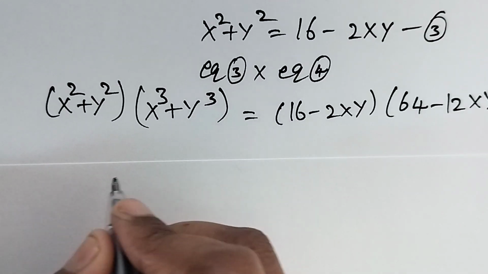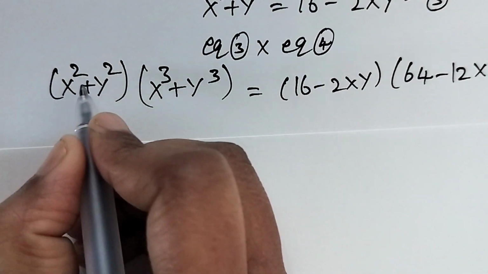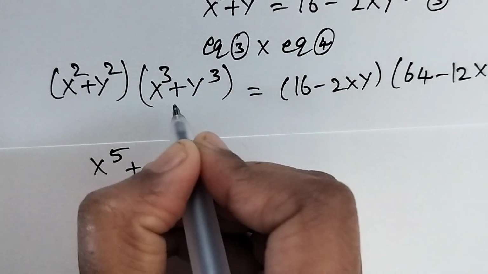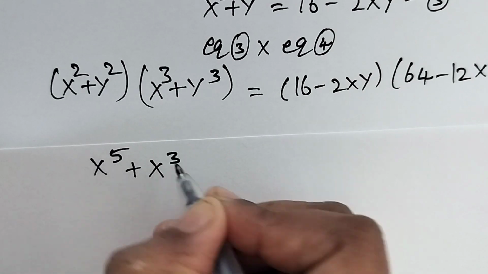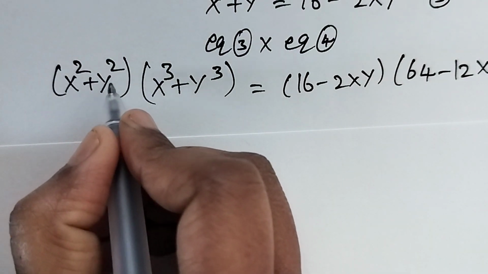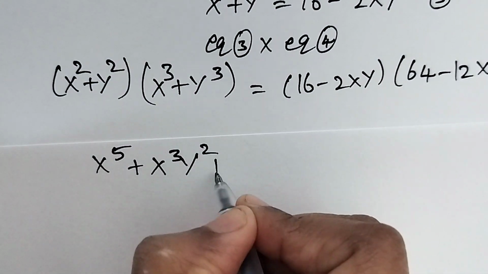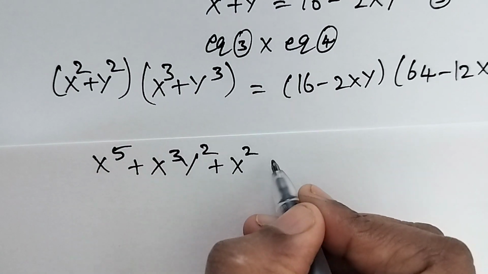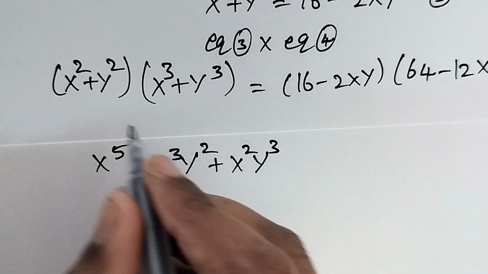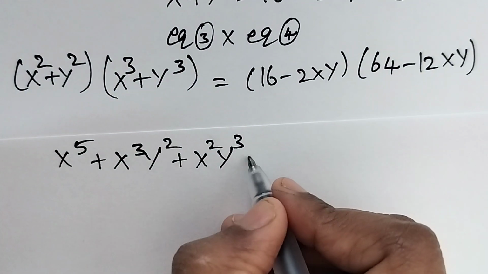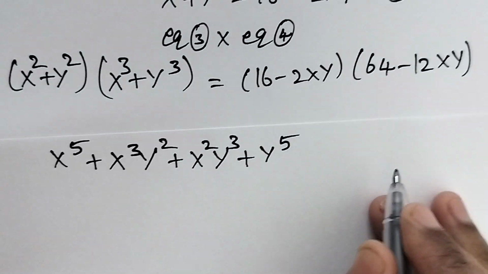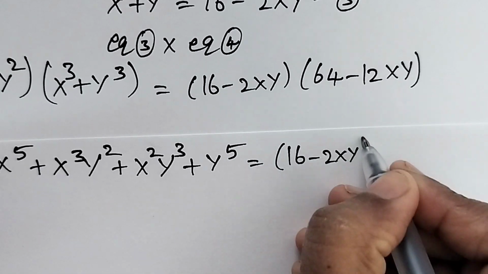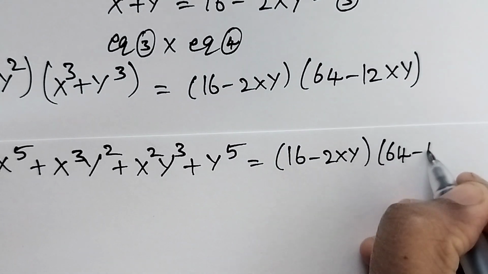So now multiply these two terms, so then we'll get x square times x cube, which is equal to x power 5, plus x cube y square plus x square y cube, plus y square times y cube, which is equal to y 5. So is equal to 16 minus 2xy times 64 minus 12xy.